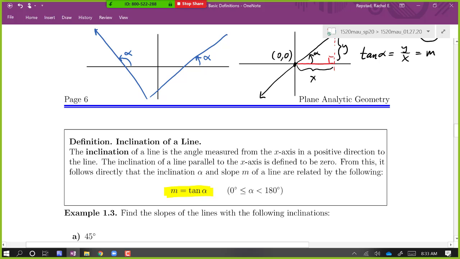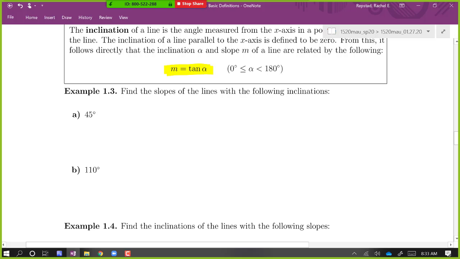So in these next examples, in example 1.3, they give us a couple of inclinations for lines, and we are going to find the slopes. So I'm just going to use that highlighted equation. m is equal to tan alpha. That means m is tan of 45 degrees.